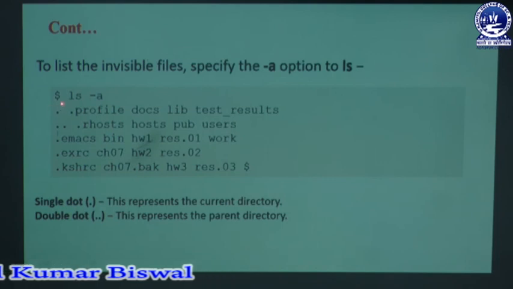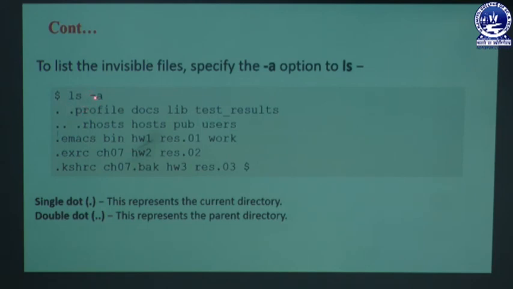That means at the UNIX prompt, the $ sign, we write ls and then type -a. That -a gives the invisible files present in our UNIX system, and those invisible files are extracted in our programming part.